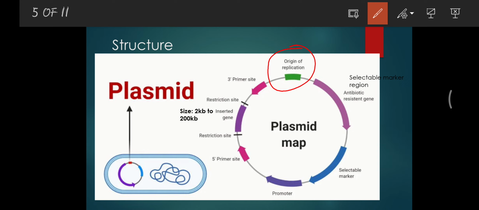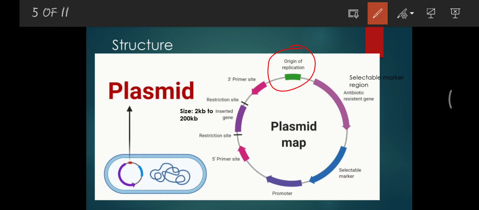That means it has an abundance of adenine and thymine nucleotides. AT bonds can be broken down easily, thus helping the replication process, strand separation. So this is the first, origin of replication.